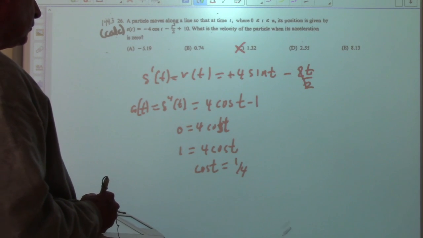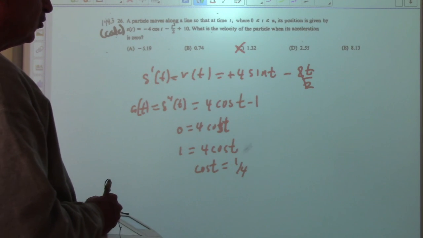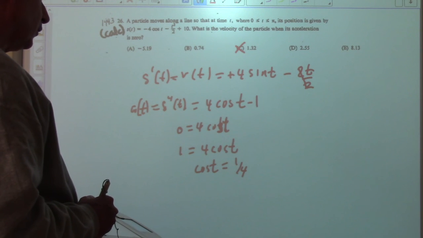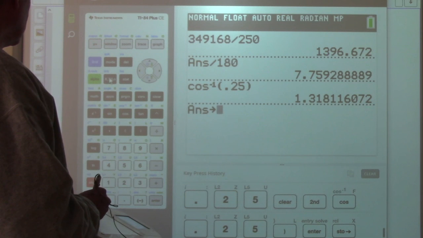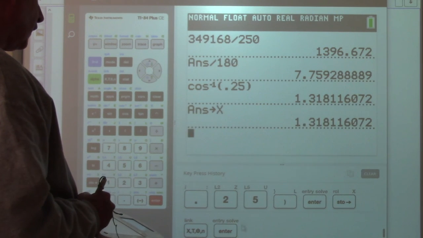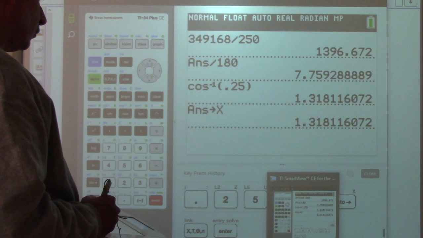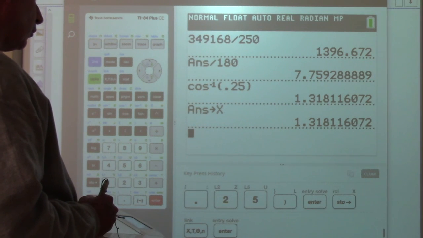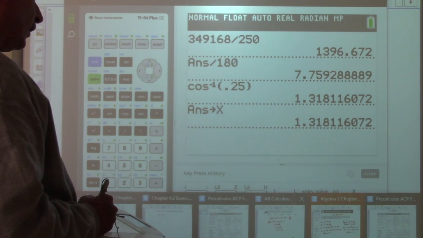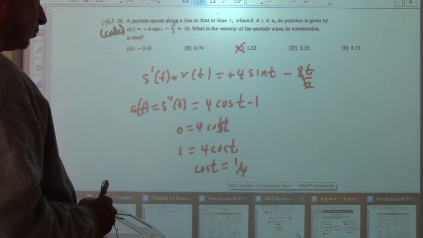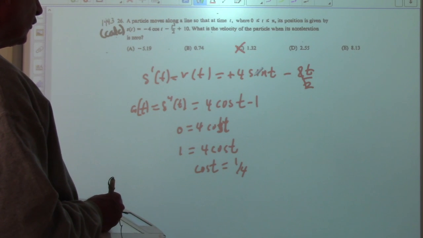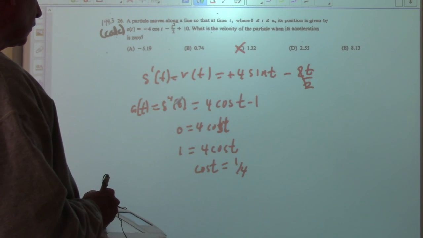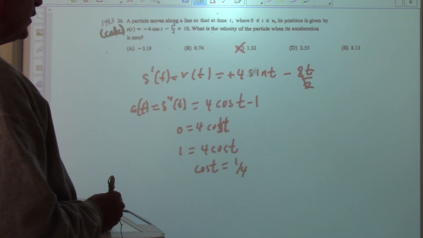So what I'm going to do is store x and then put 4 cosine x minus 1. Something was wrong, I did something wrong here. Okay, no, it's going to be this one right here.